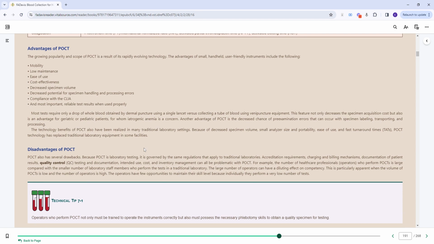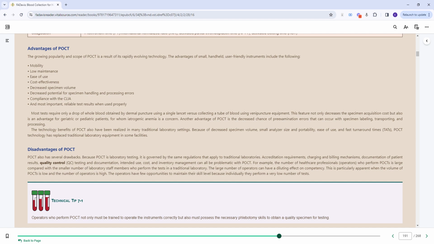Disadvantages, though I don't like the term disadvantage, are just things that need to be taken into consideration. The location that's doing the testing, whether it's a physician office laboratory or wherever that entity is, still needs to be accredited. They still need to do a CLIA application to be a CLIA waived lab or facility.